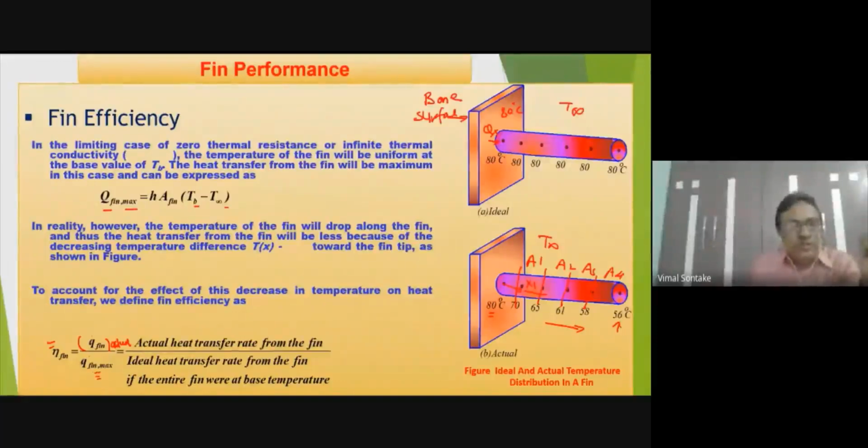So the efficiency of the fin is given as the actual heat transfer rate to the maximum heat transfer rate. So the numerator is the actual heat transfer rate from the fin, and the denominator is the ideal heat transfer rate from the fin if the entire fin were at base temperature. So this is called fin efficiency.